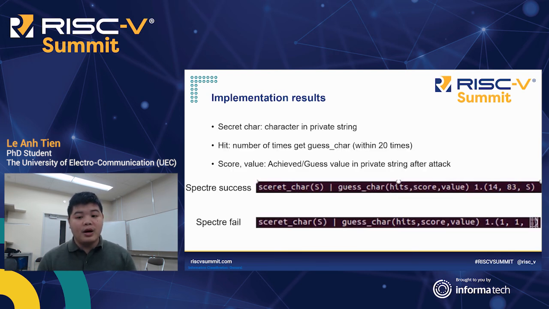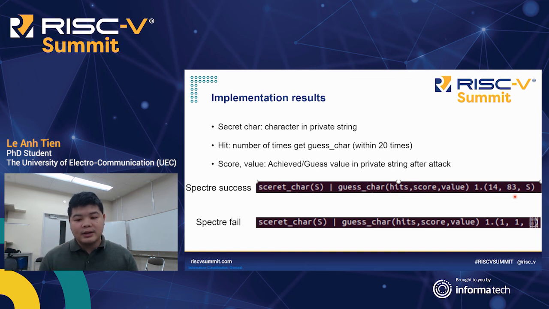The figure below describes the achieved result of whether the Spectre attack successfully exploits the system or not. In each attacking attempt, we aim at achieving one character of the private string. And in each attempt, the attack tries some attacking rounds. Normally, we try 20 rounds and choose the most-hit value from the cache as the result of obtaining the target character.